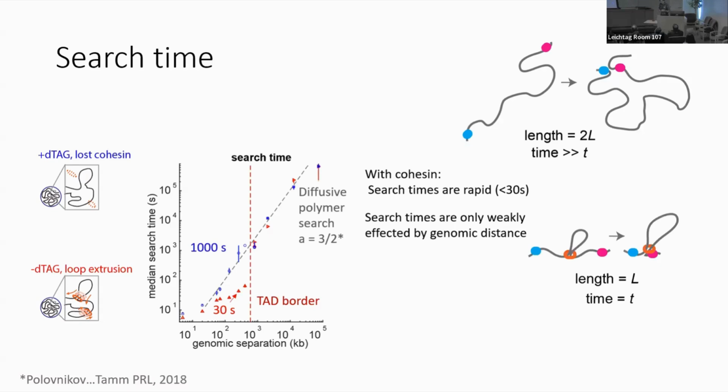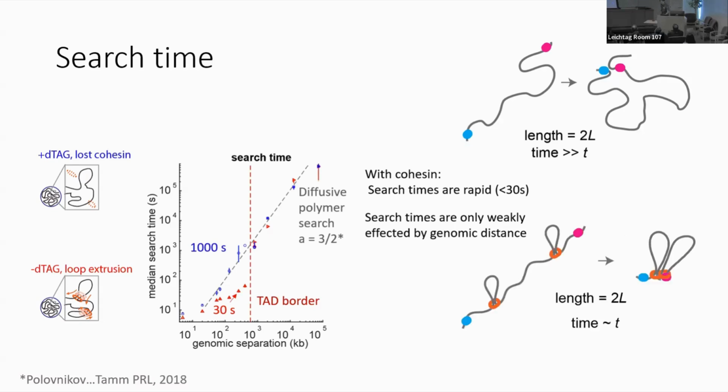In the case with cohesin, I have length L and time T to start with. When I've doubled the length, I've also doubled the probability of having a cohesin there. Or if I had one, I could have two now on that same amount of chromatin. If Jeff's hypothesis is right, and they load randomly, which seems to fit with the available data, then I should be able to pull roughly twice as fast as we actually see it.